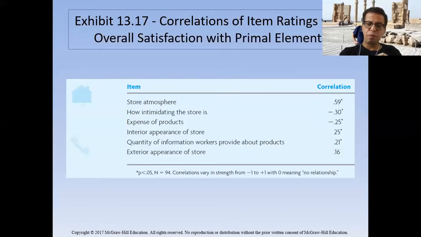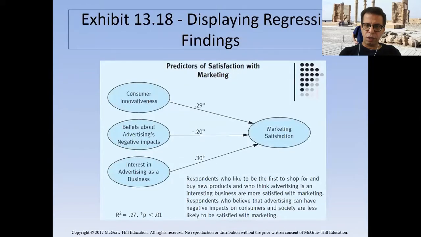Now, here I'm going to go quickly; we'll be going back to this in the next chapter. I have not spent so much time on this, but we said there is a dependent variable versus an independent variable.